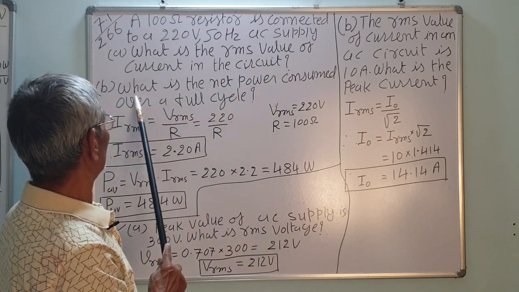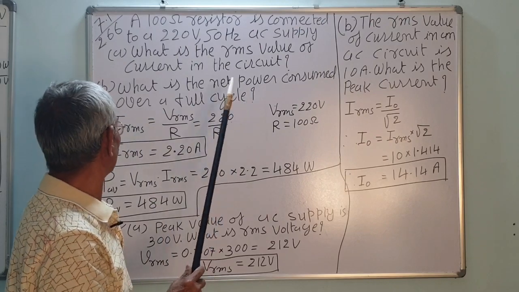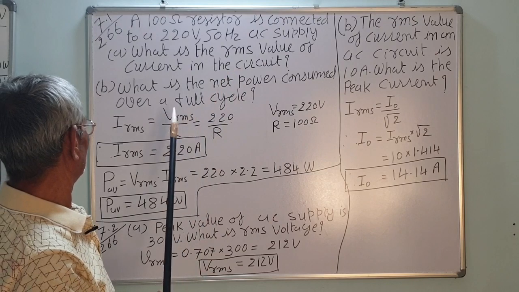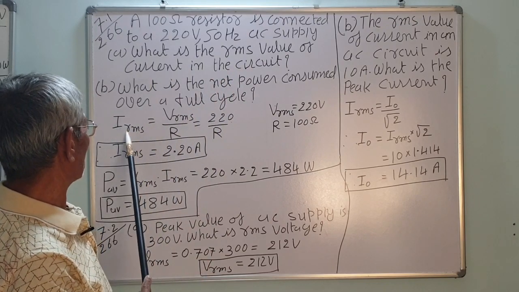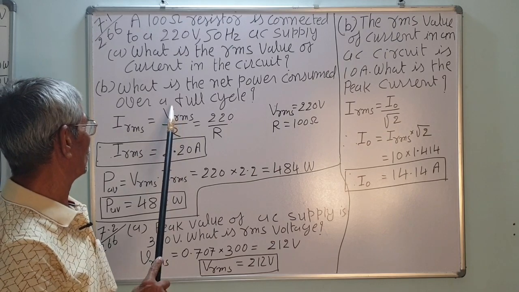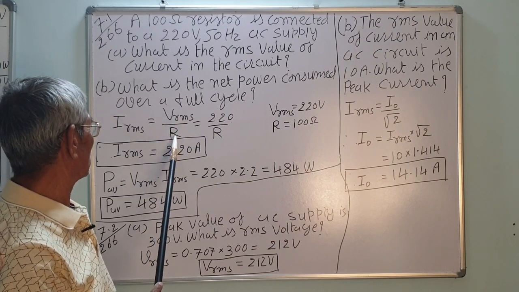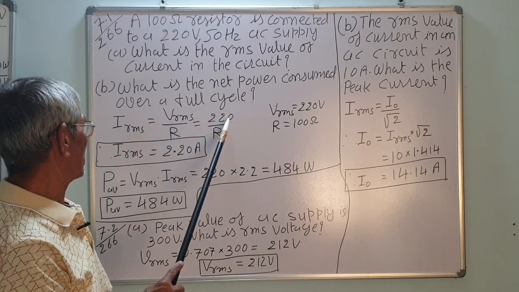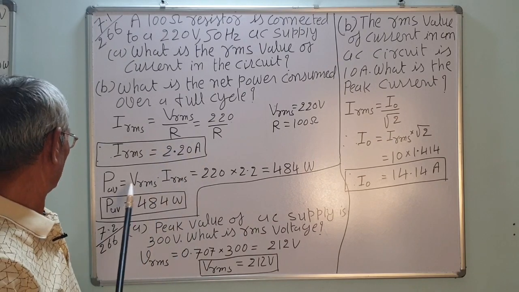Number 2, what is the net power consumed over a full cycle? We know the RMS value of voltage. So IRMS is equal to voltage RMS upon R, voltage upon resistance. So 220 upon 100, that is 2.2 ampere.